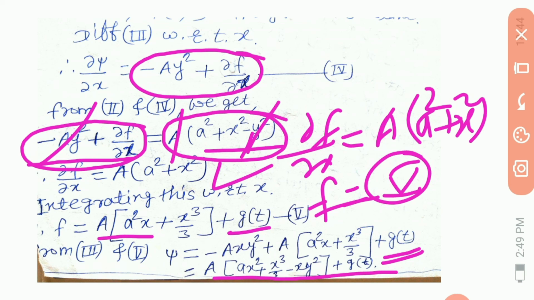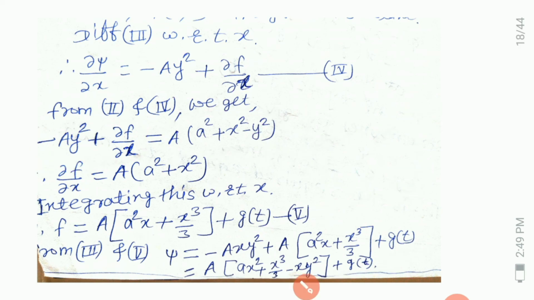So we get psi is equal to capital A in bracket a x square plus x cube by 3 minus x y square plus integration constant g of t. Hence the solution of this problem.